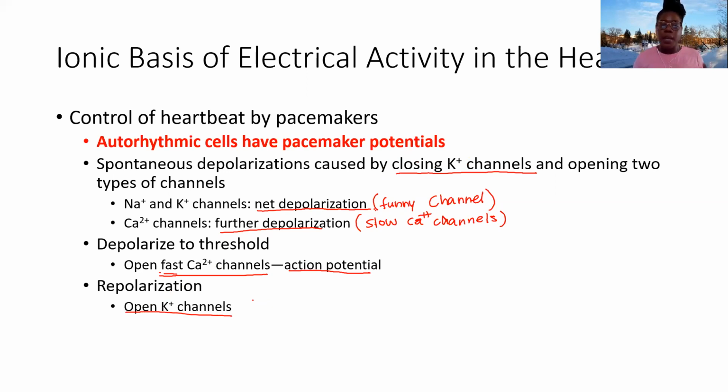And we know that this is because we open up potassium channel, potassium always wants to leave the cell. As that positive charge begins leaving the cell, we now see that membrane potential restored back down to rest. Again, very similar to what took place in a neuron. Okay, so that's kind of the basis for the electrical activity of the spontaneous depolarization of a pacemaker cell.